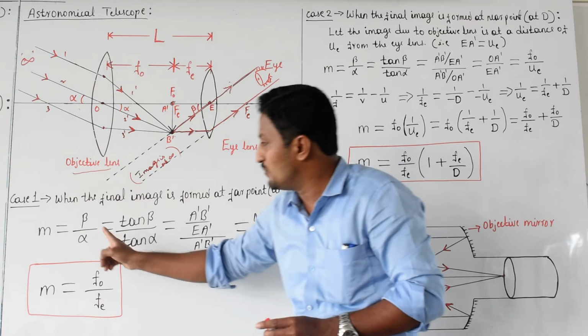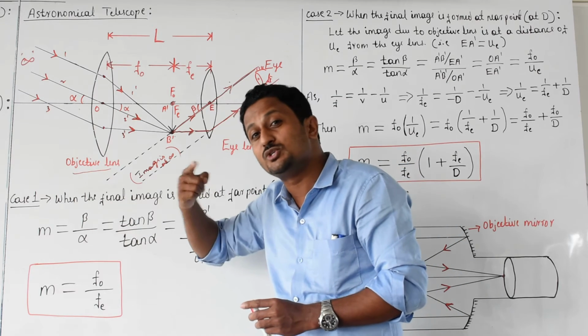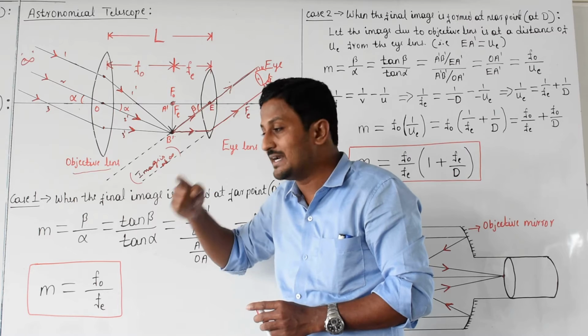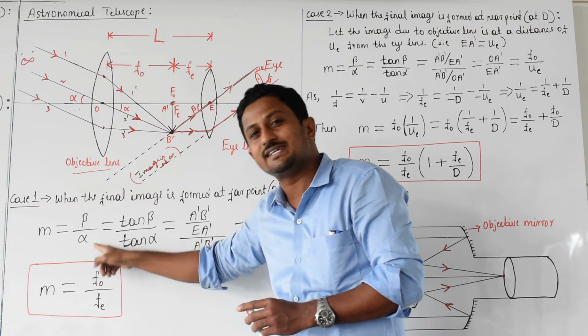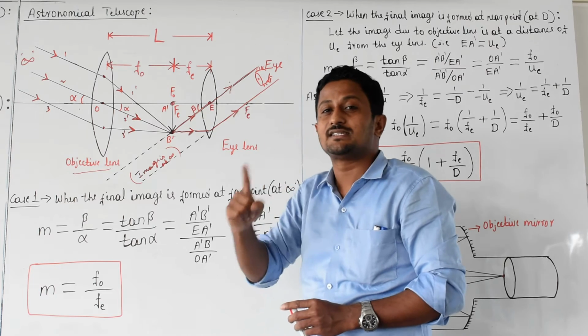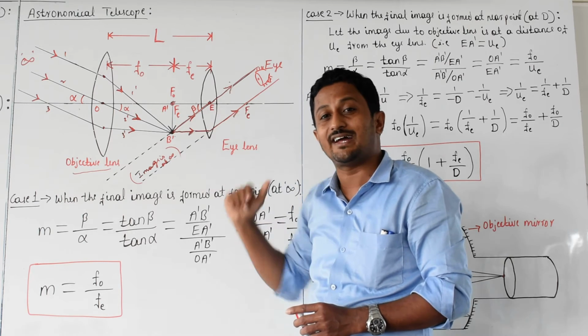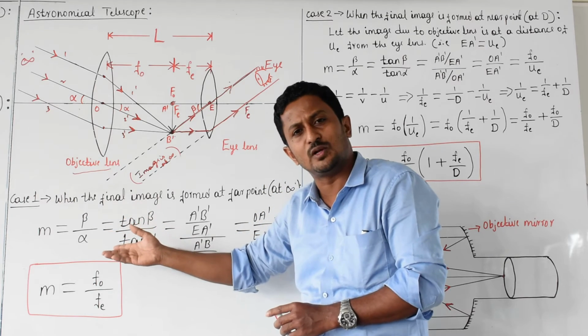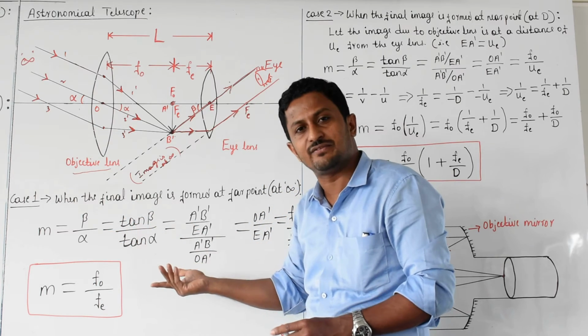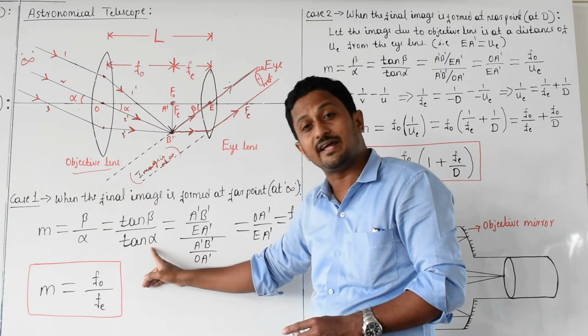Beta is the visual angle subtended by the image at the eye, and alpha is the visual angle subtended by the object at the eye. Beta by alpha. If they are small angles, then we can apply the tan function to them: tan beta by tan alpha.